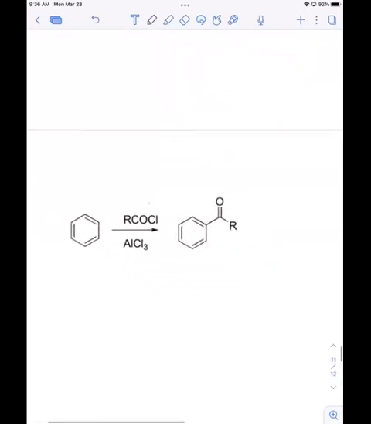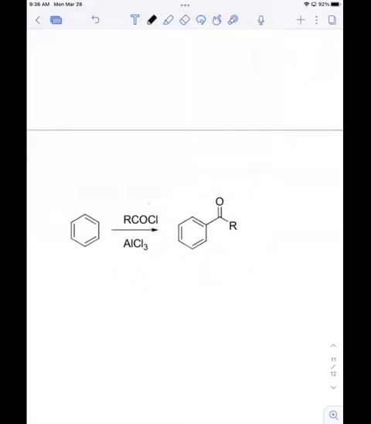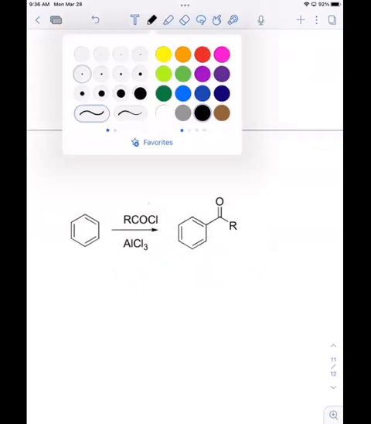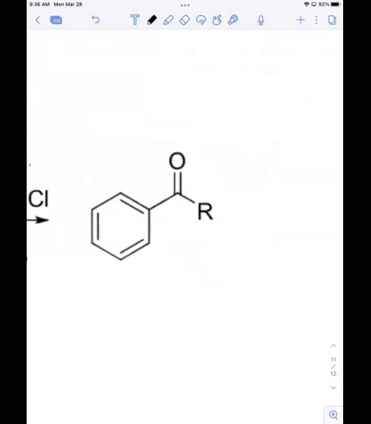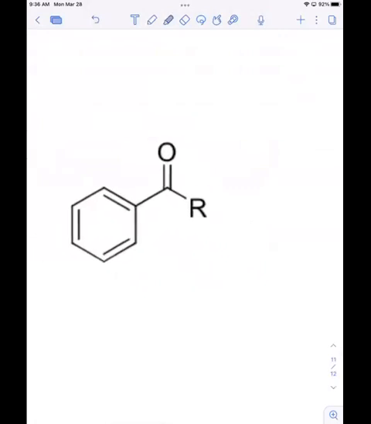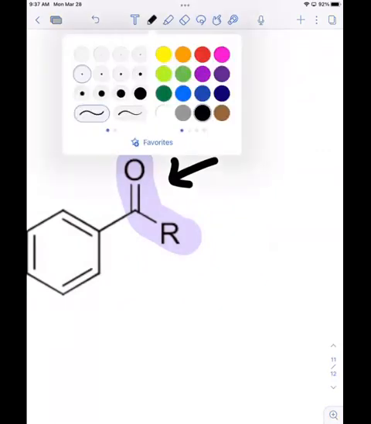All right, so the alkylation is a different electrophile added to the ring, but the same process. This is when I'm adding in a carbonyl, especially if that R group is an alkyl group, then we just call this, hold up, that pen is way too thick.